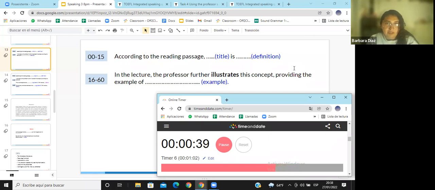In the lecture, the professor further illustrates this concept, providing the example of kids starting school, like they don't know how to behave because they are new. And for example, the kid might interrupt the teacher, and the teacher maybe could get angry and punish the kid, and the kid is going to change their behavior.